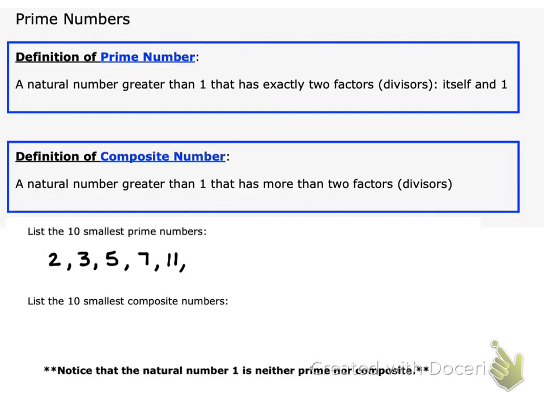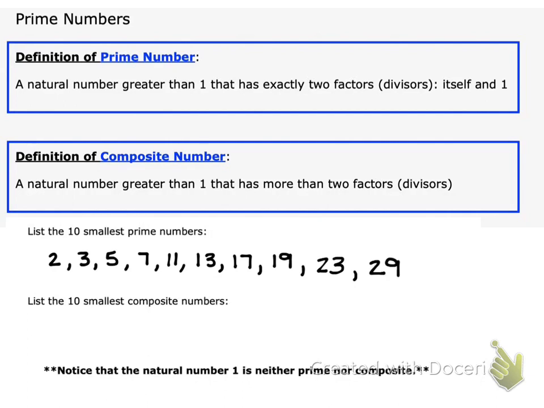Nice. 11. 13. 17. 19. 23. 1, 2, 3, 4, 5, 6, 7, 8, 9. One more. 27. What can 27 be divided by? 9 and 3. 29.